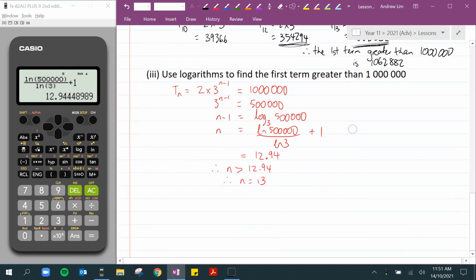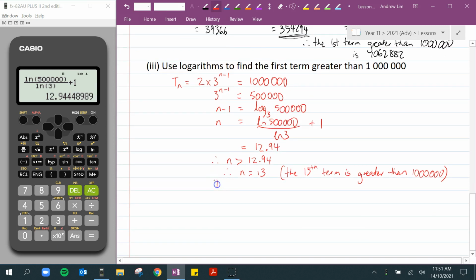So that means we're looking for the 13th term. The 13th term is greater than 1 million. What will be the first term that's actually greater than 1 million? Well, what is that term?